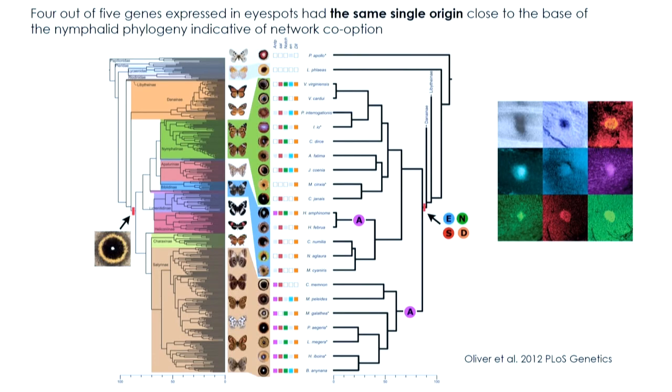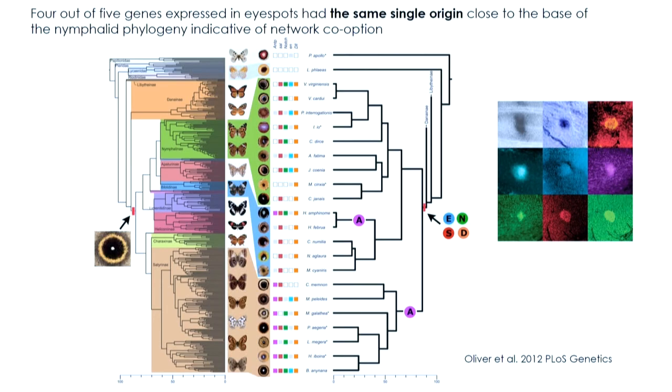We conclude that potentially the origin of eyespots at this place in the phylogeny is connected to the recruitment of a slew of genes together potentially into this pattern that we see here in the center of the wing pattern, the eyespot patterns.